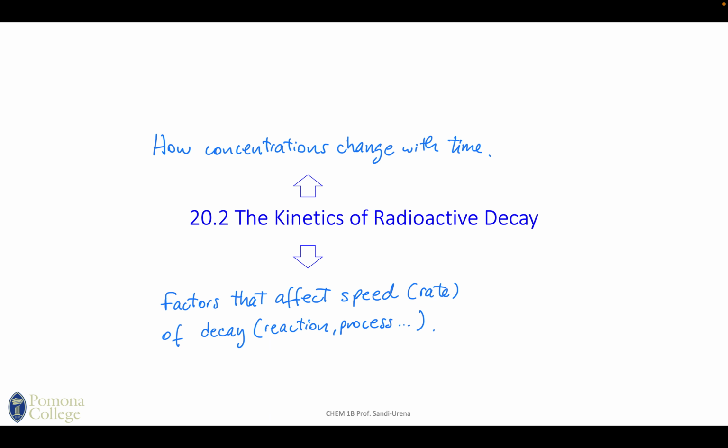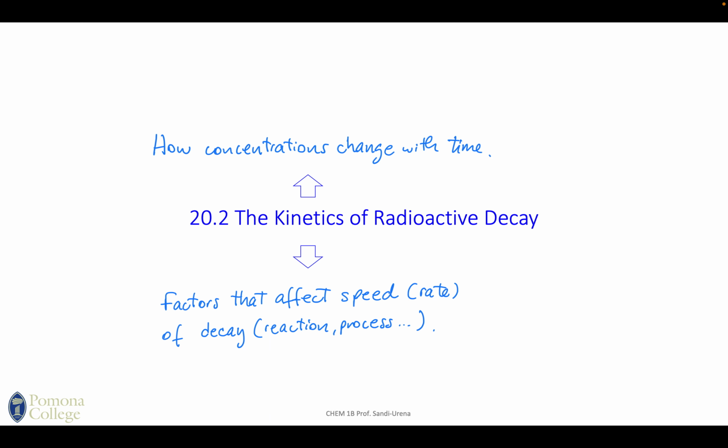What we're typically interested in is how the concentration of the reactants change over time, or how the number of particles of specific chemicals change over time. That's what we call kinetics in chemistry.